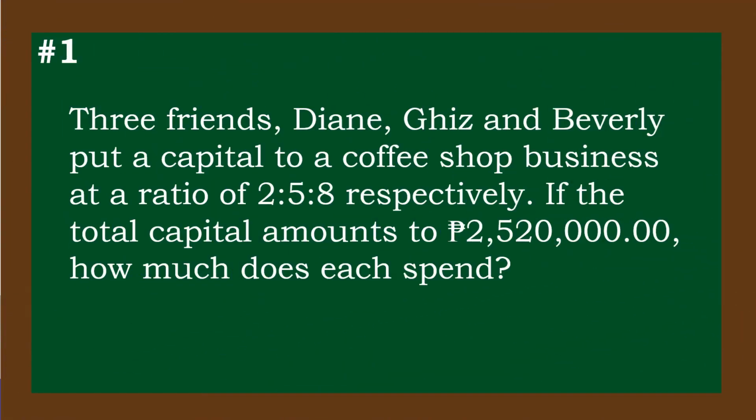Number 1. 3 friends, Diane, Gis, and Beverly, put a capital to a coffee shop business at the ratio of 2:5:8 respectively.